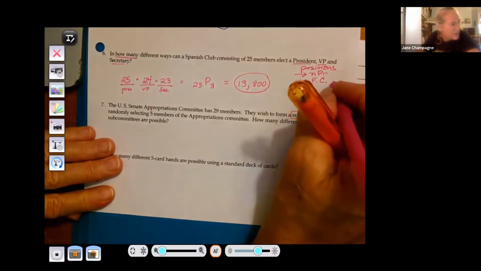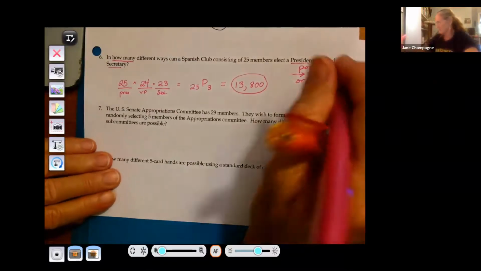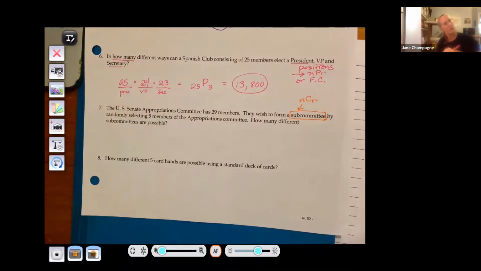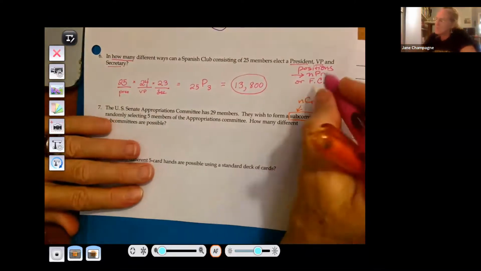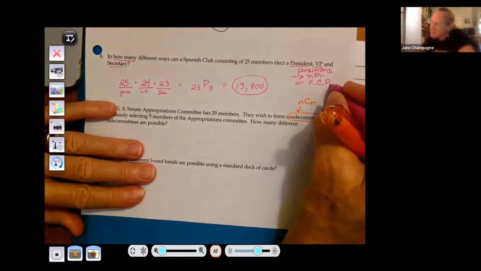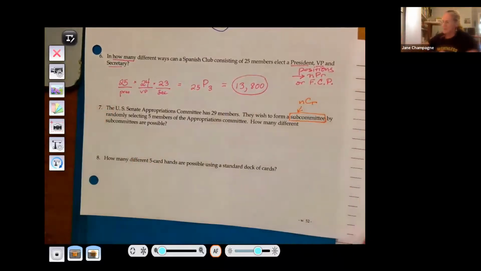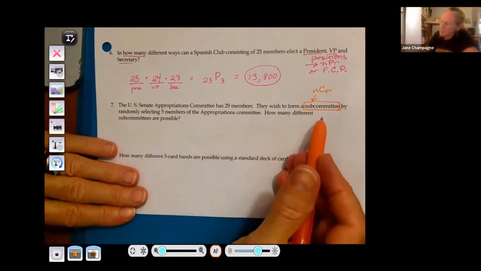Fundamental counting principle, fundamental counting rule, FCP. Subcommittees and committees are NCR.